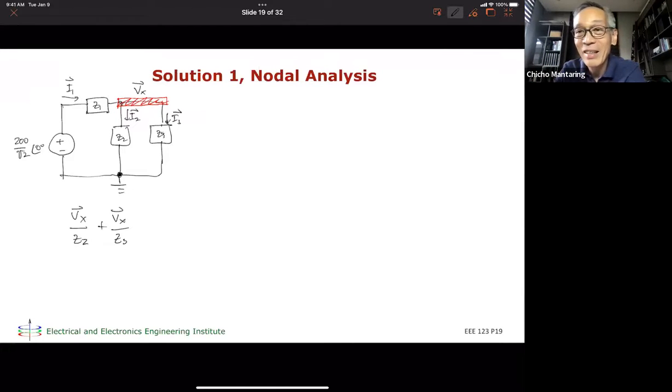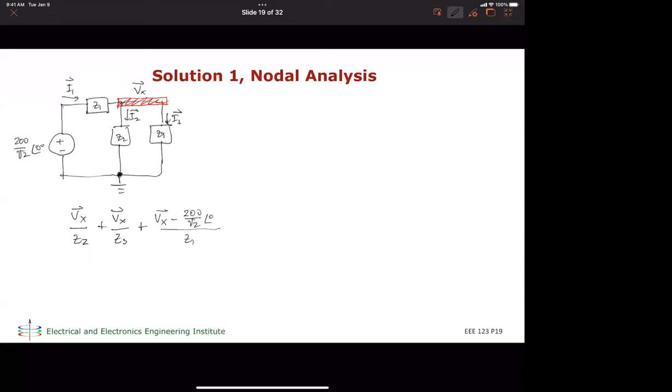Be careful. It should be plus: plus V of X minus 200 over square root of 2 at an angle 0 over Z1. Do you see why plus?